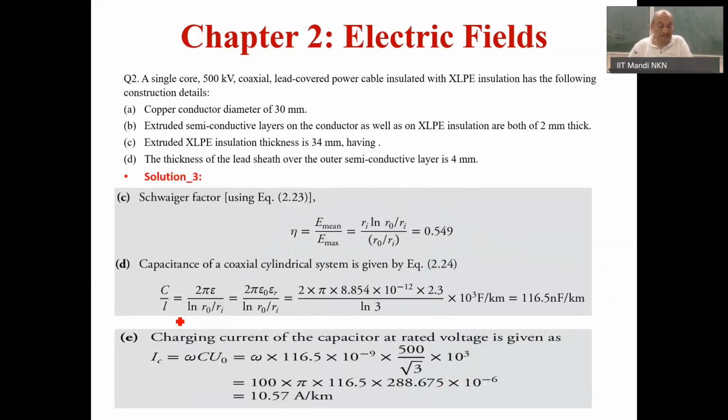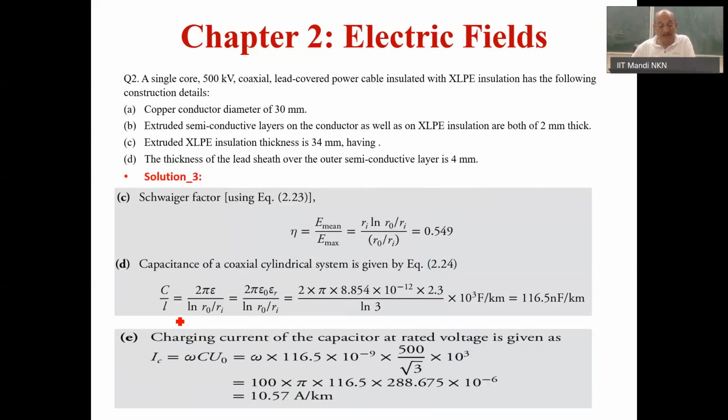Yeah, the Schweiger factor. Eta is, as I mentioned, E mean by E max. E max you have calculated, and when you do E mean by E max, this will work out to be Ri ln Ro by Ri, because the voltage in both E mean and E max is the same.